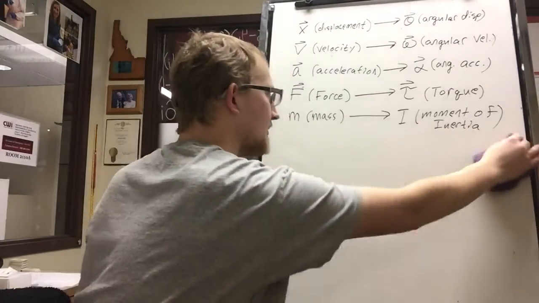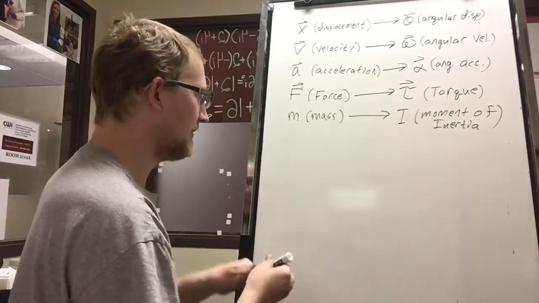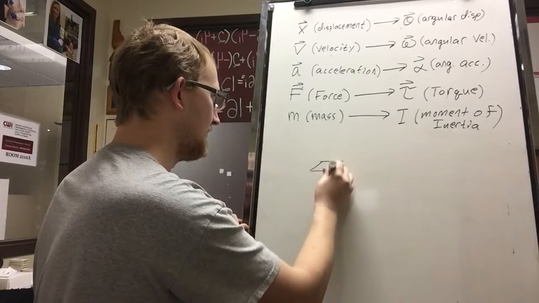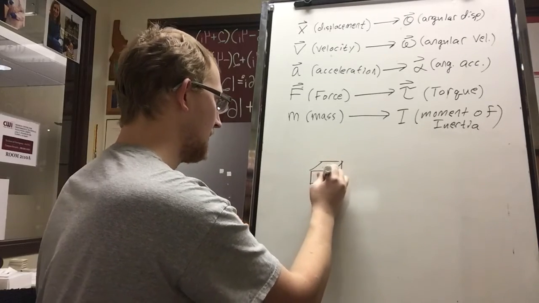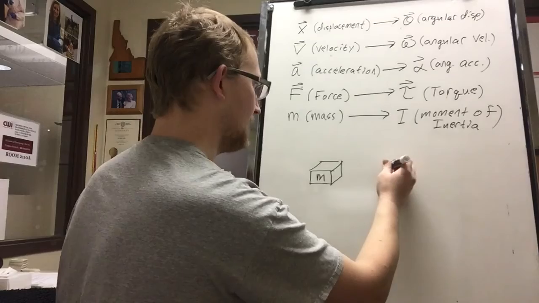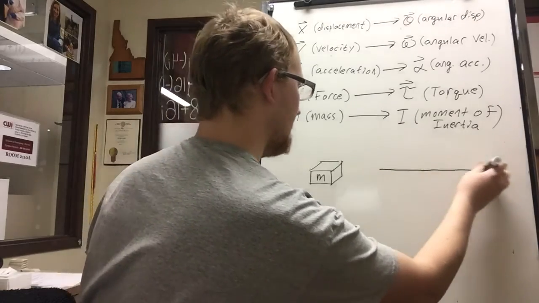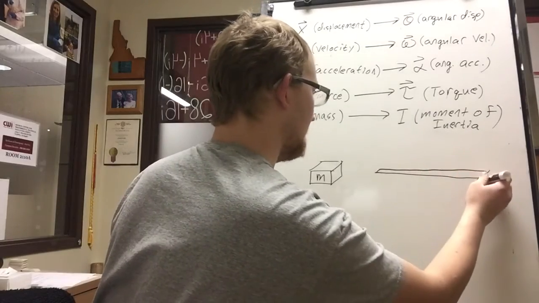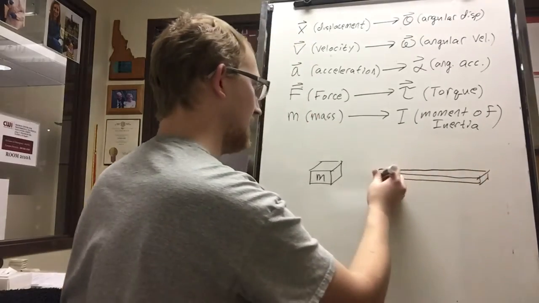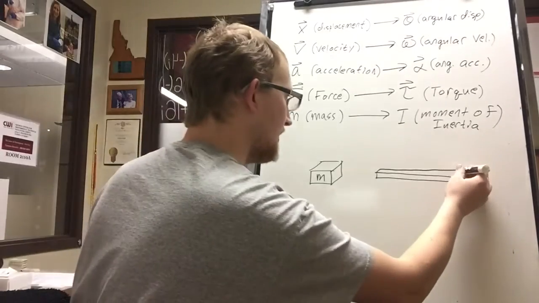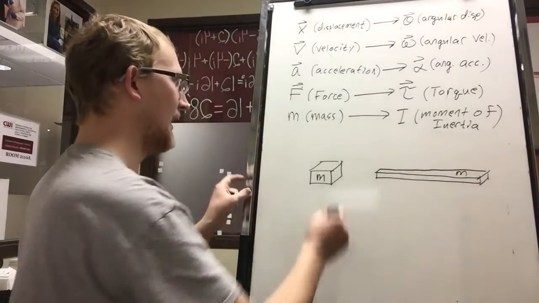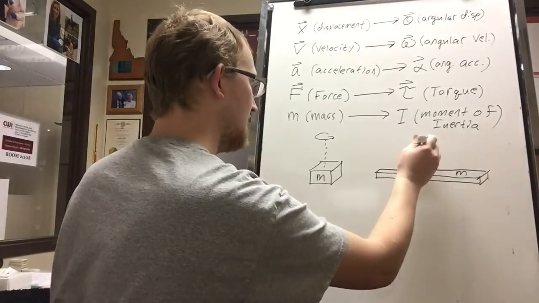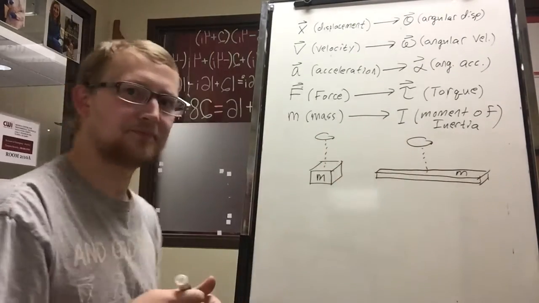Let's look at another idea. What if we have a little cube of a certain mass m, and then we take this cube of equivalent mass and pound it into a long, thin rectangular rod, with the same mass, and I'm going to draw an axis of rotation. I'm going to try to rotate these about their center of mass.